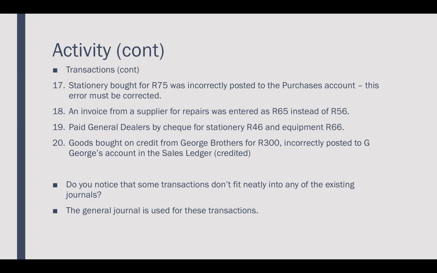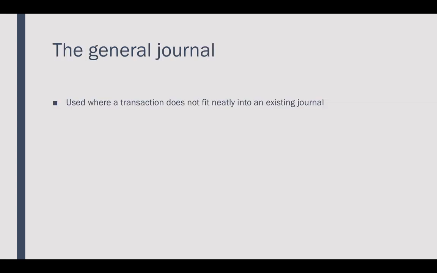The only thing they had in common was that they didn't fit in anywhere else. Personally, I sometimes like to think of it as an orphanage for the lost transactions that don't have a nice home with similar people. So the general journal is going to be used where a transaction does not fit neatly into an existing journal. Rule of thumb, if you do not know where it goes, it goes into the general journal.